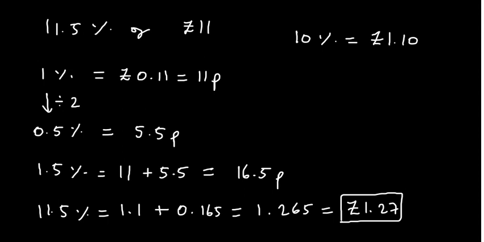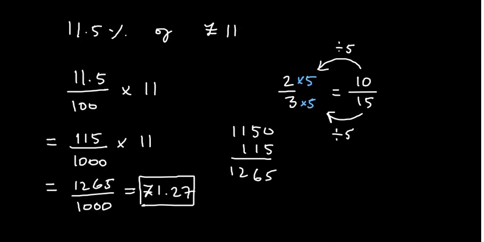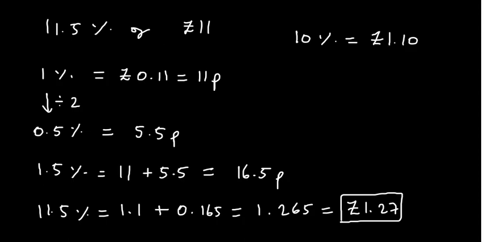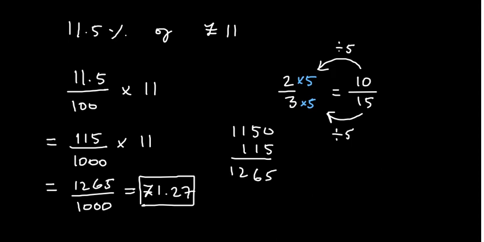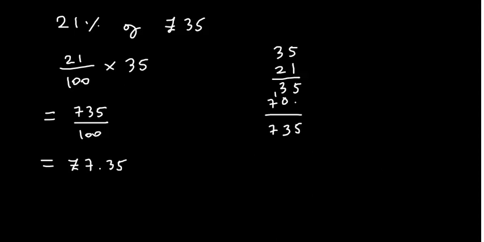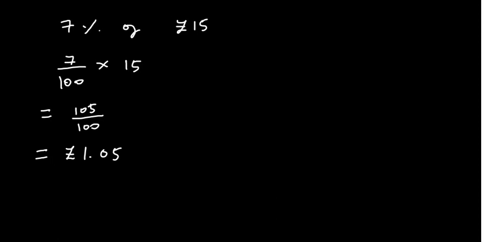And then you would just add up the separate percentages to make up the composite percentage. I prefer this approach, to be honest, because it's more straightforward and it works for any similar type of question. You don't need to think about how to break down 11.5%. You can just go ahead and use the same approach that you used for these simpler kinds of percentages.